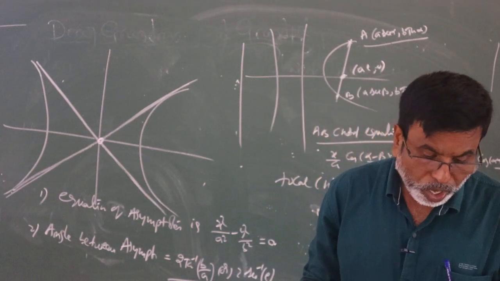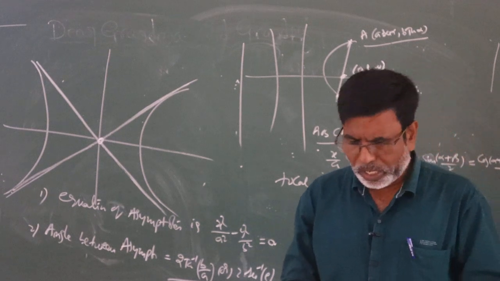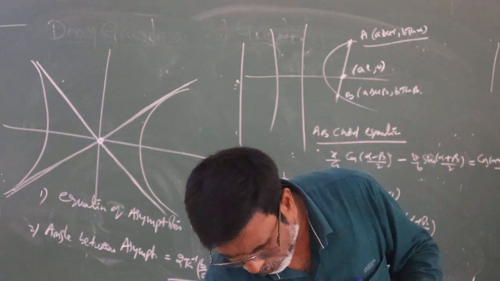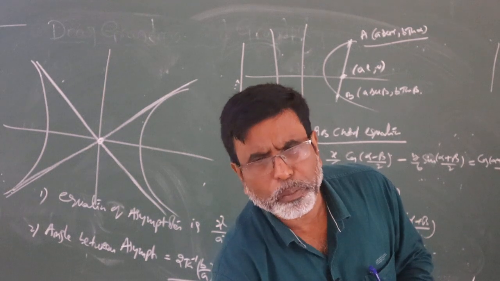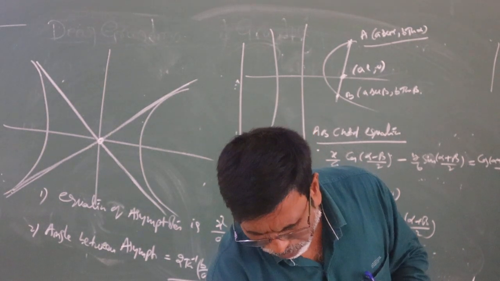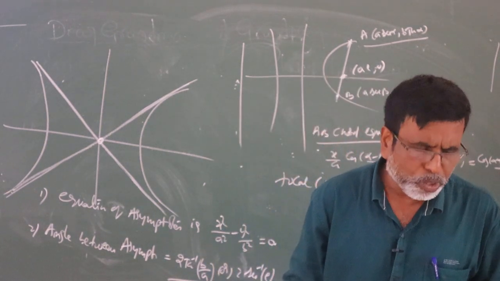Now suppose Lx plus My plus n equal to 0 is a normal. Then what are the conditions possible?